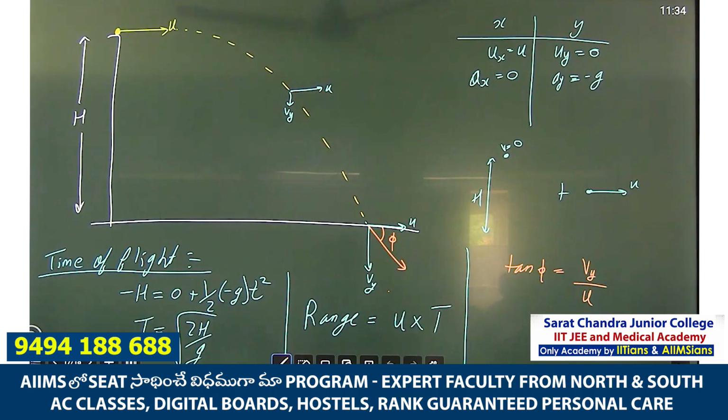If I give you y equals ax square plus bx plus c, this is quadratic.